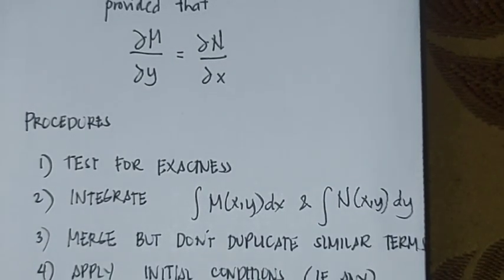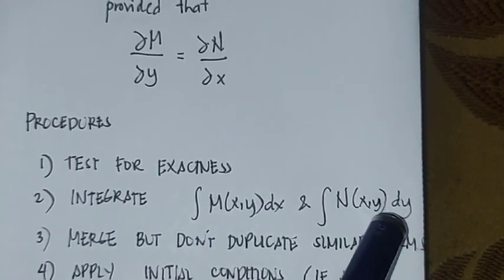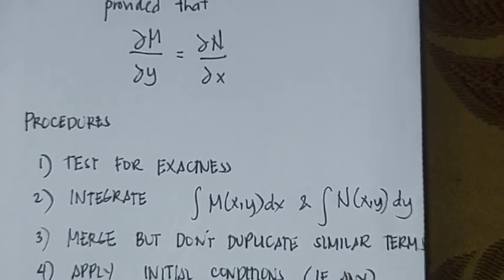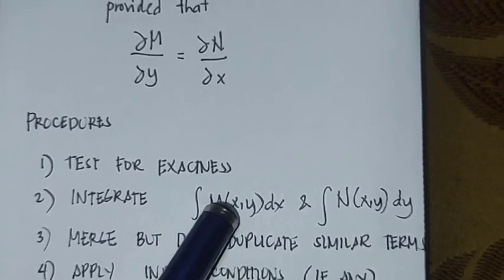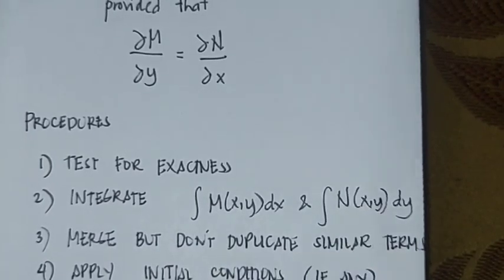Pero, if may terms doon na exactly the same, let's say x squared dito, may x squared din sa N na in-integrate mo, wag mo siyang i-add as 2x squared. Rather, kopyahin mo lang siya as is na x squared lang. So, ulitin ko, x squared dito, may x squared din dito, ang isusulat nyo lang sa final answer is x squared, isang x squared lang.